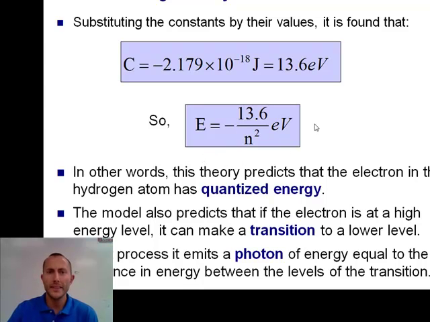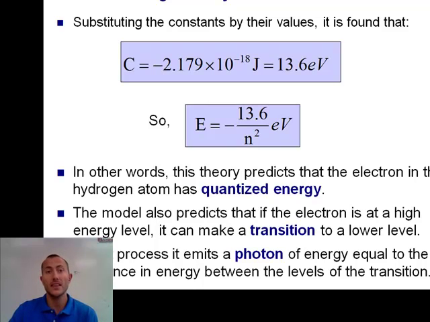So again, with much more precision, this idea predicted that there were specific discrete amounts of energy, or quantized energy, that the electron in a hydrogen atom could have. It also predicted the change in energy that would happen if an electron in a hydrogen atom went from a higher energy level to a lower energy level, and in that process emitted a photon.